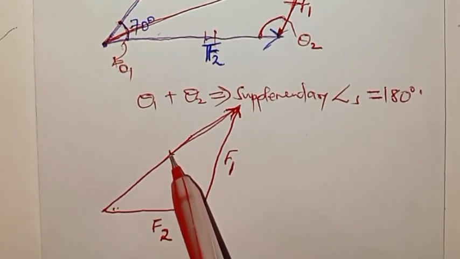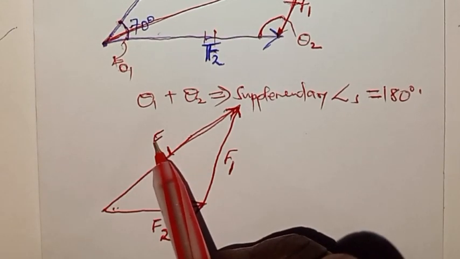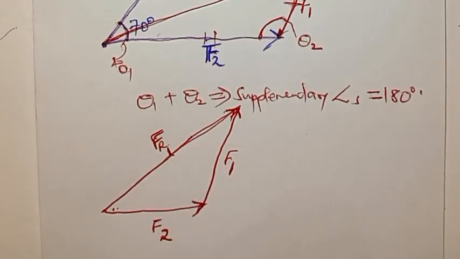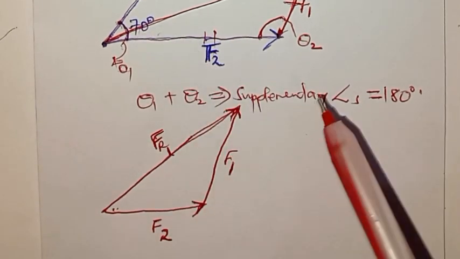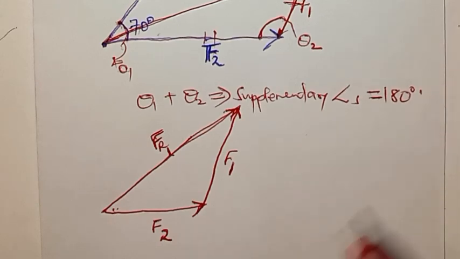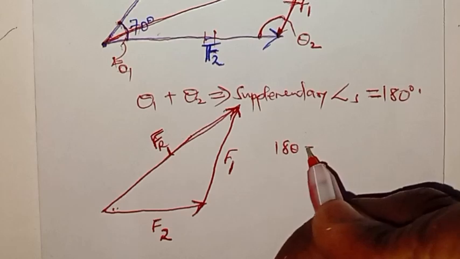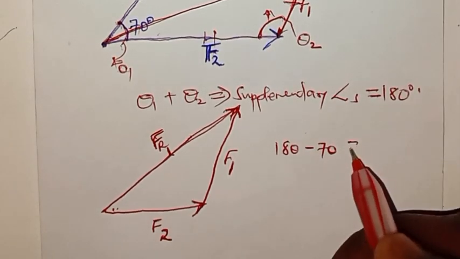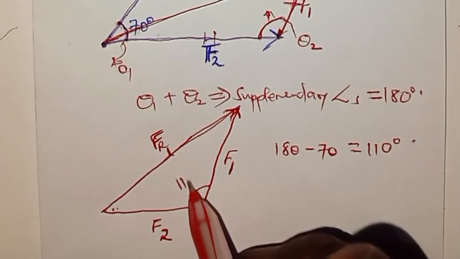This one is the resultant vector, which we call Fr. Since this angle was 70 degrees and they are supplementary angles, 180 minus 70 gives this angle theta 2, that is 110 degrees.